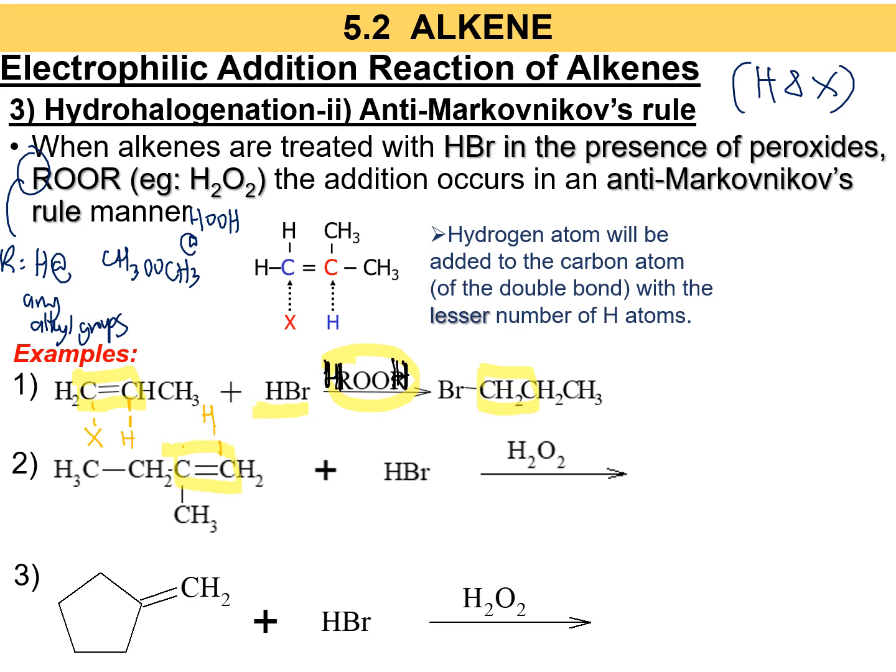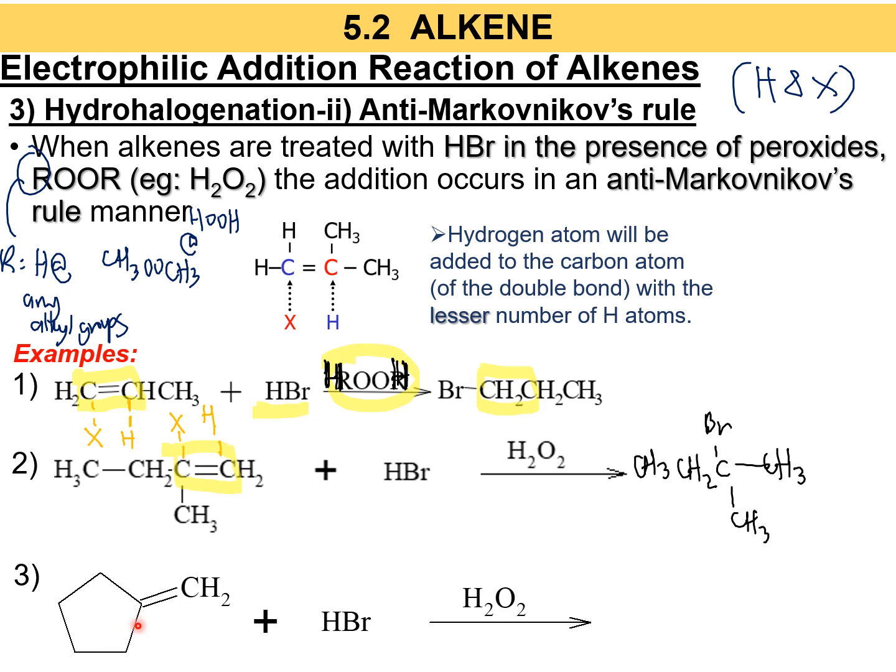Okay, and then this carbon atom will get the halogen. So the product that you will form will be CH3, CH2, C, Br, CH3, and then a single bond, because this is an addition process, and then CH3. Okay, from CH2 it becomes CH3. This is how the product looks.